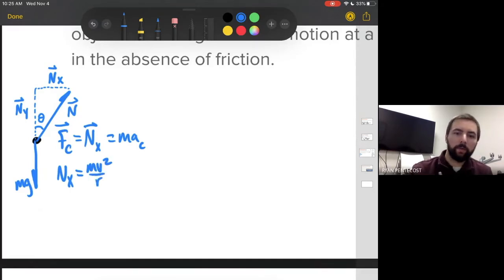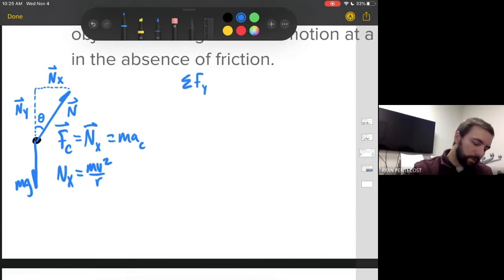And we want to find an equation for the bank angle. It didn't give us any required variables, so we kind of have free rein there. But what is N? What is our normal force? Well, our normal force isn't just mg anymore. So if we need N in the x direction, let's solve for N in the y direction and substitute that in.